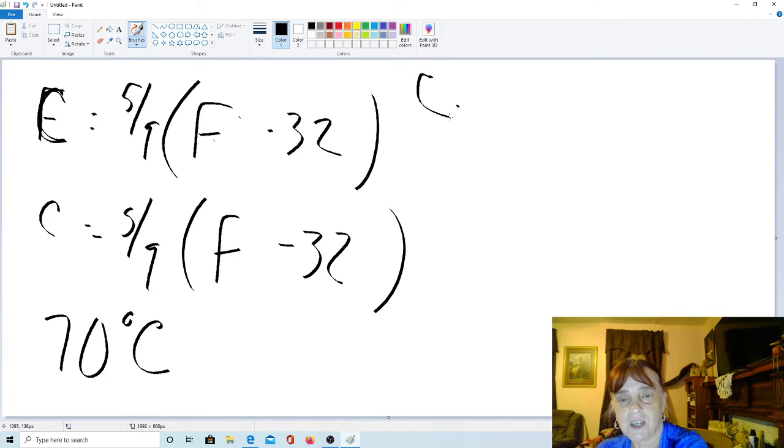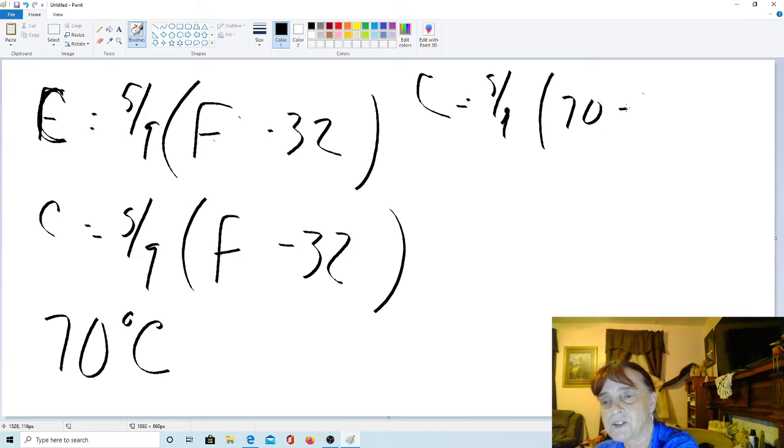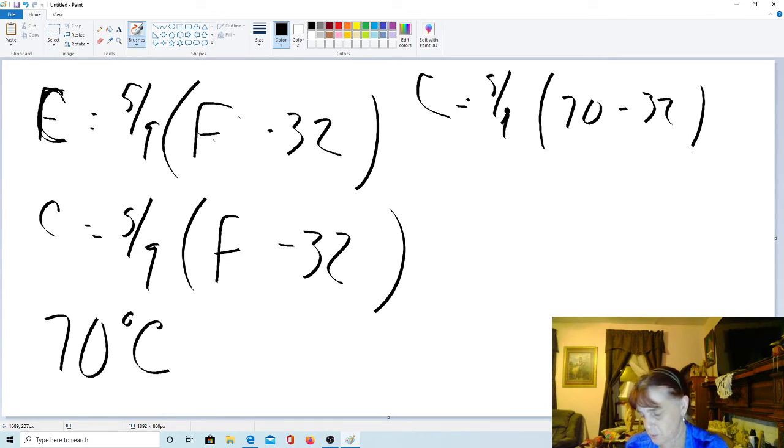So C is 5/9 times 70 minus 32. 70 minus 32 is 38. Divided by 9 gives you 4.22, times 5 is 21.1.